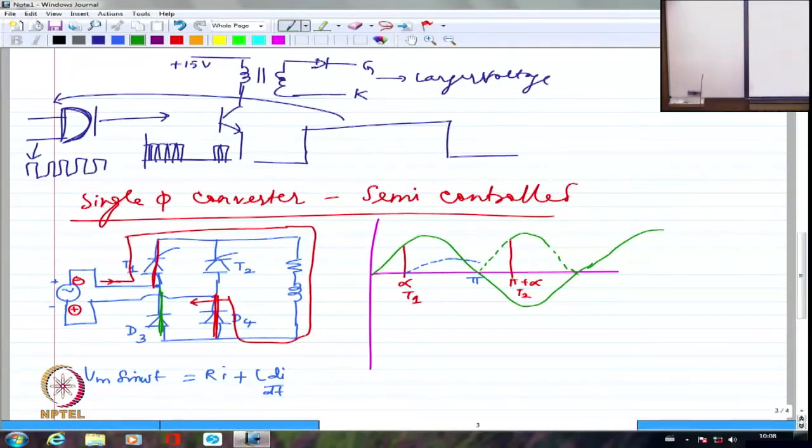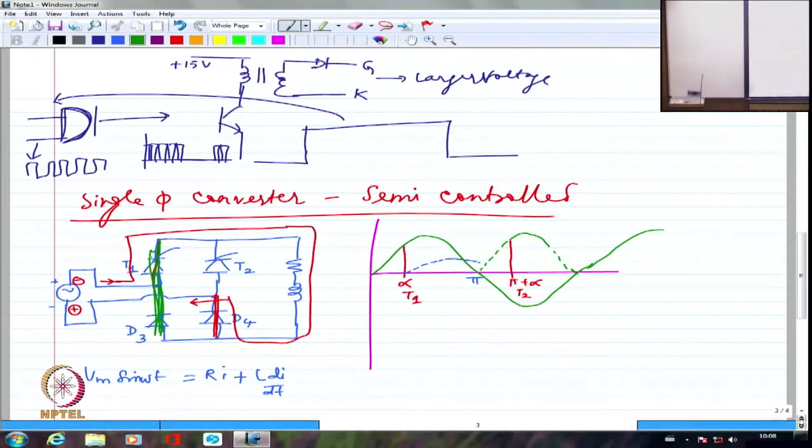So, whenever I have a semi-controlled converter, especially in the lower portion of the leg, then in the negative half cycle almost the control goes for a toss. It is something like that. Whereas what now is going to happen is both these fellows conduct together. T4 has gotten into conduction.